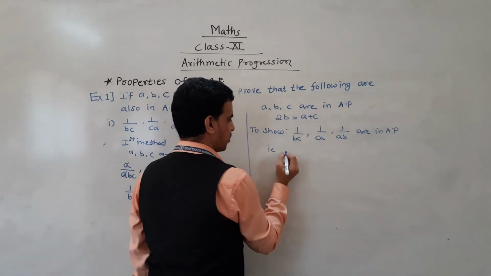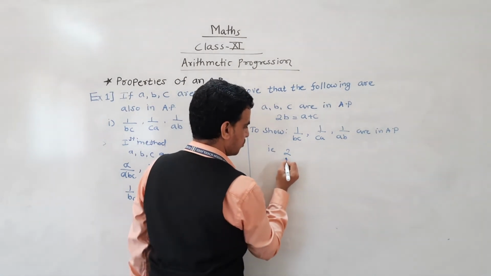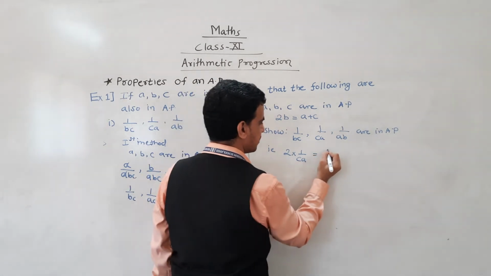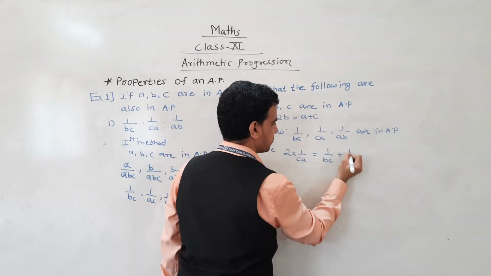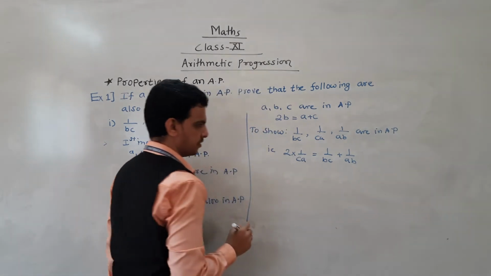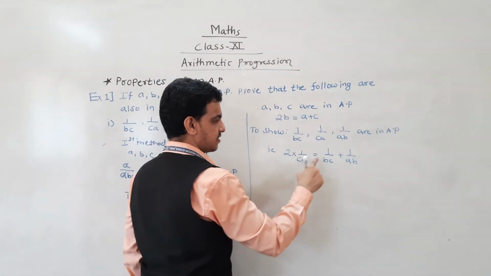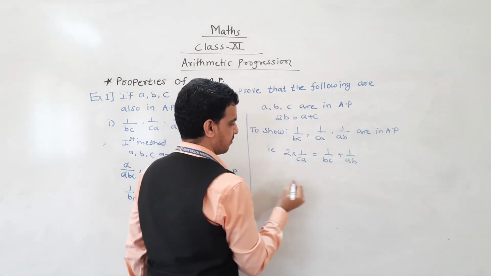That is what we have to show: that 2 into the middle term, 2 into 1 upon ca, is equal to 1 upon bc plus 1 upon ab. Okay, that is, 2 by ca is equal to 1 by bc plus 1 by ab.